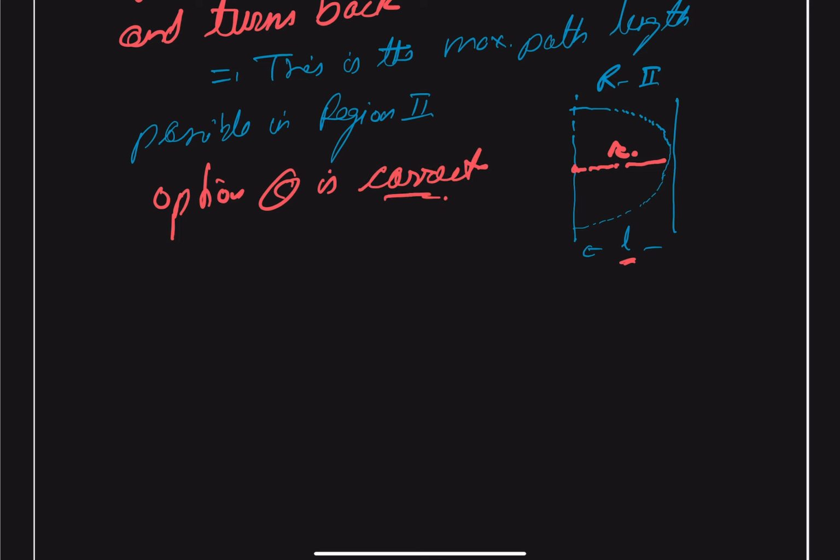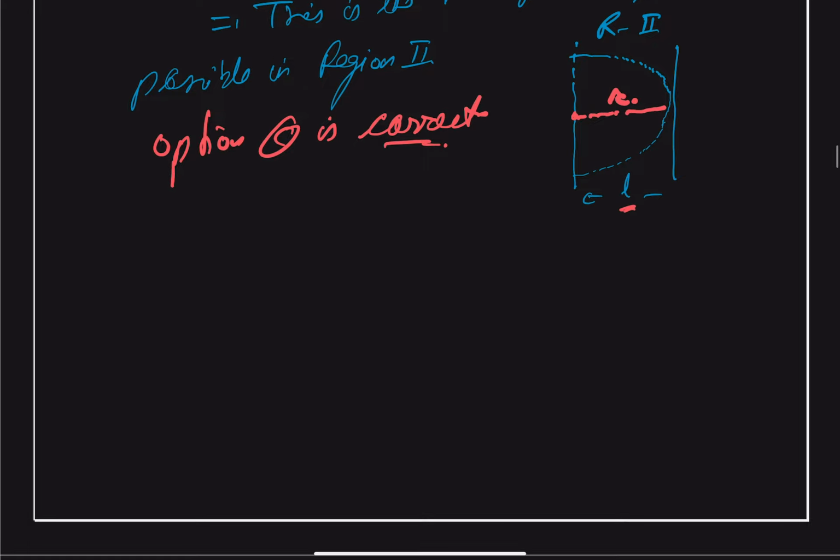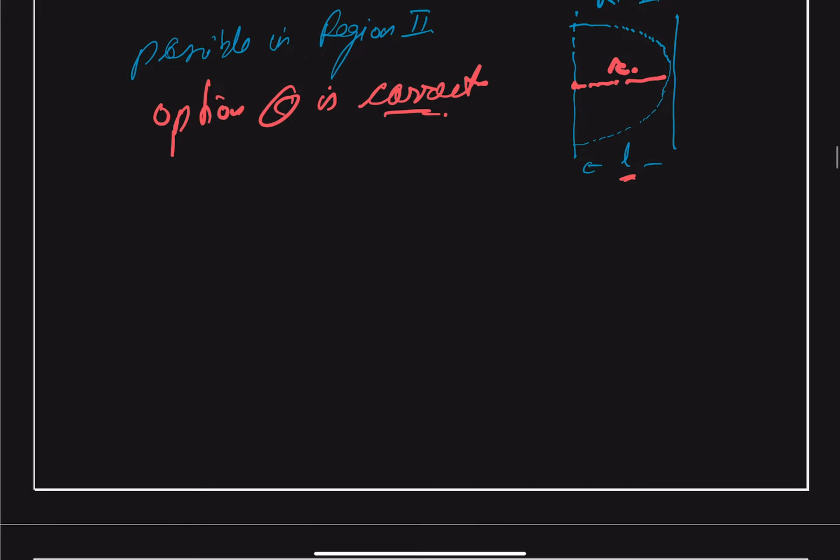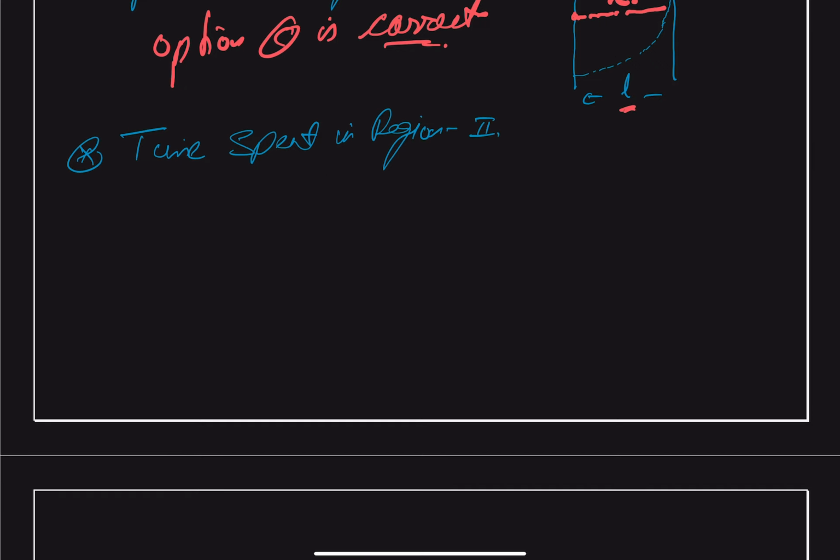Now we find out the time spent in region 2. Time spent in region 2 means it is going to return into region 1 back. It will not cross into region 3.